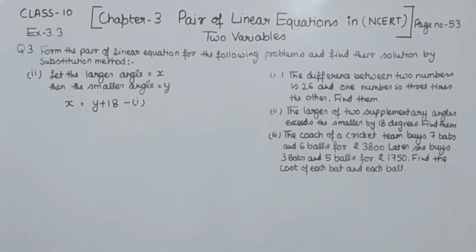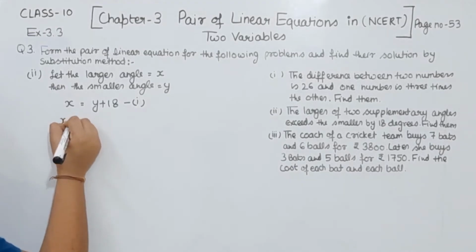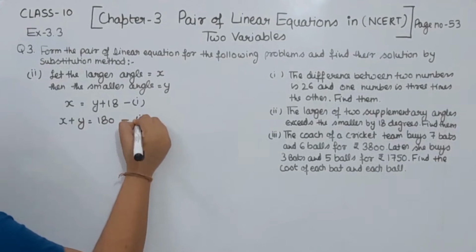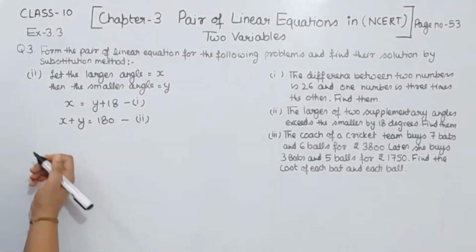Now comes to the second one. They are supplementary angles, and the sum of supplementary angles we are having is equal to 180. This one we are having is equation number 2. Now we are having x is equal to y plus 18. We don't have to find the value of any variable here. So we are going to put this directly in the second equation.